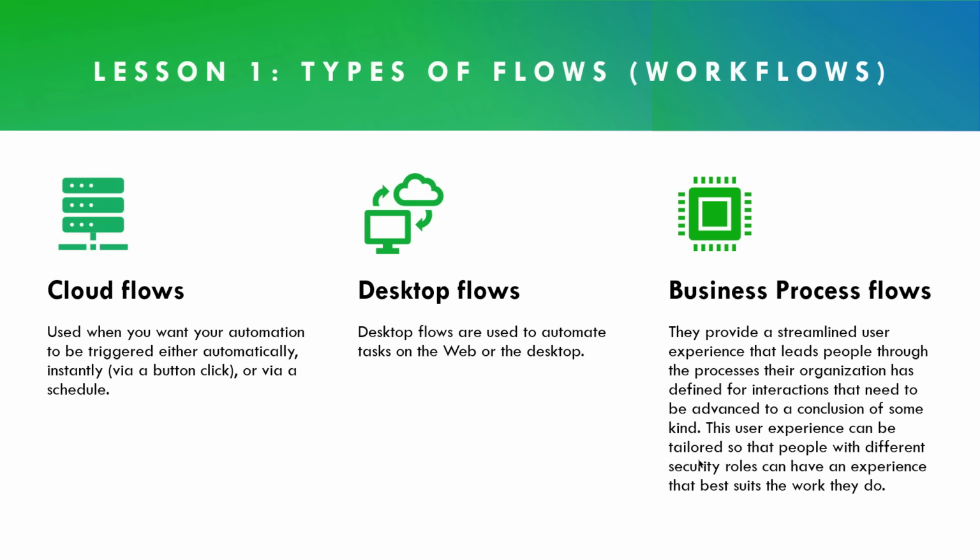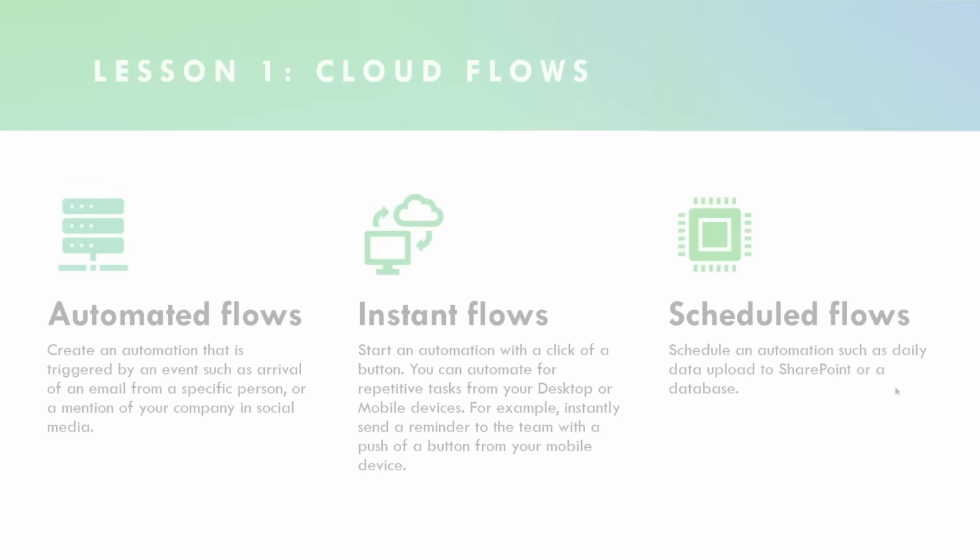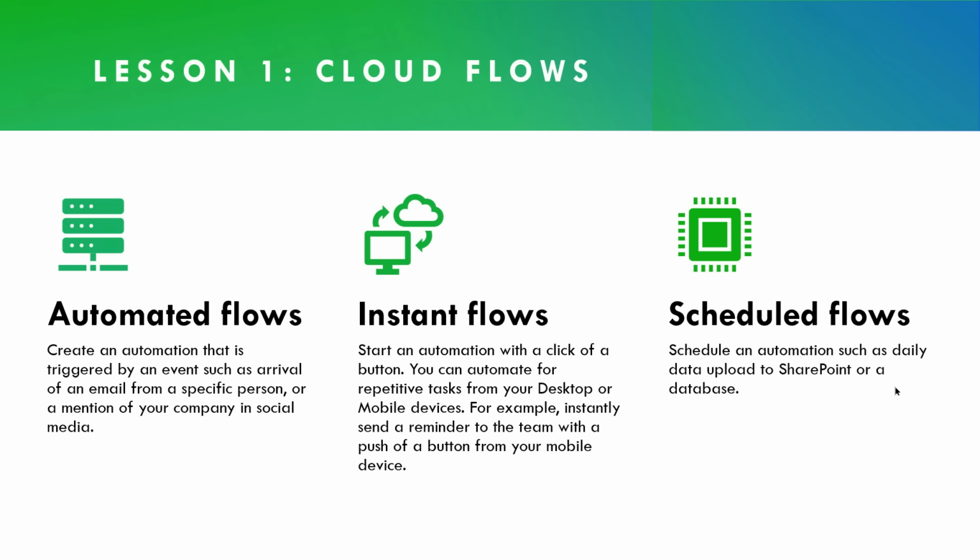Our focus again is on cloud flows. So they are used when you want your automation to be triggered or started automatically, instantly via a button click, for example, or you can have them scheduled. Since our focus in this course is on cloud flows, let's take a deeper dive into the ways they can be started.